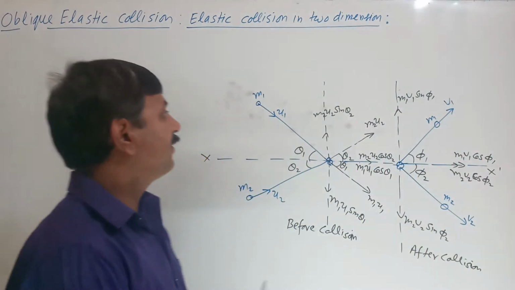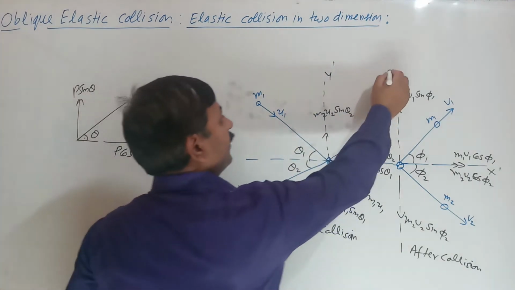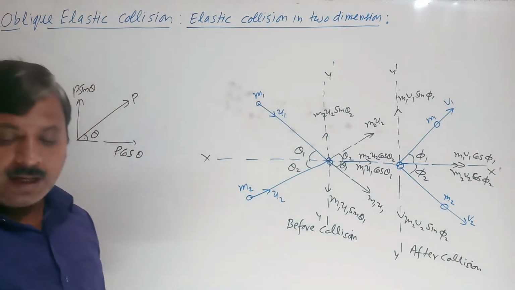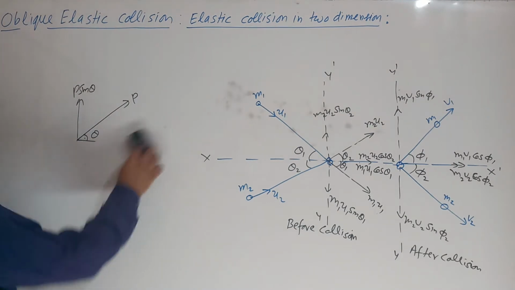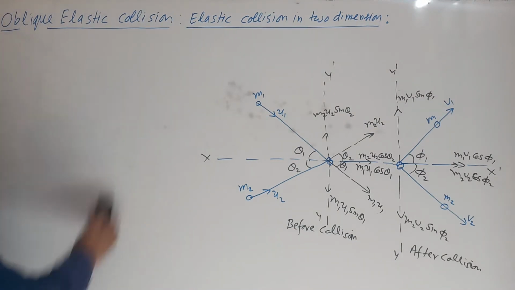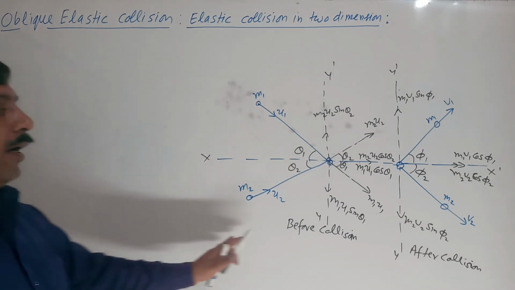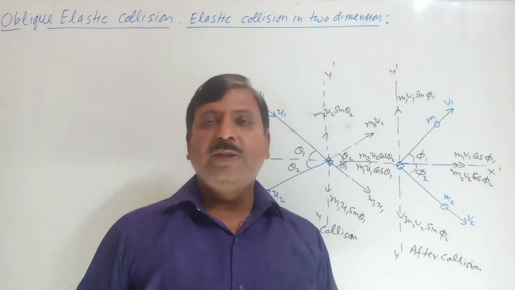Before collision we have the momenta, and after collision the velocities v1 and v2, and we have taken components along the x-axis and the y-axis. So see here, by the law of conservation of momentum, take care: we have to take the x-axis and y-axis separately, and since it is an elastic collision, we also have to apply the law of conservation of energy.